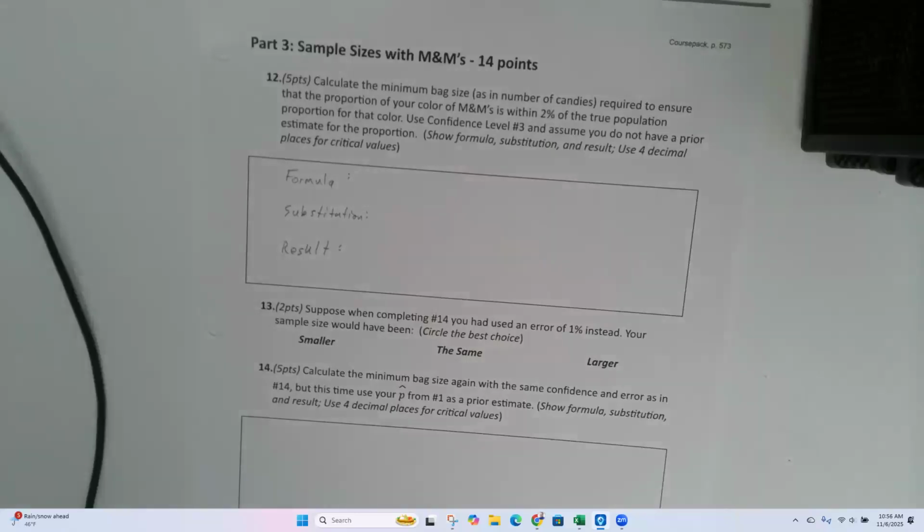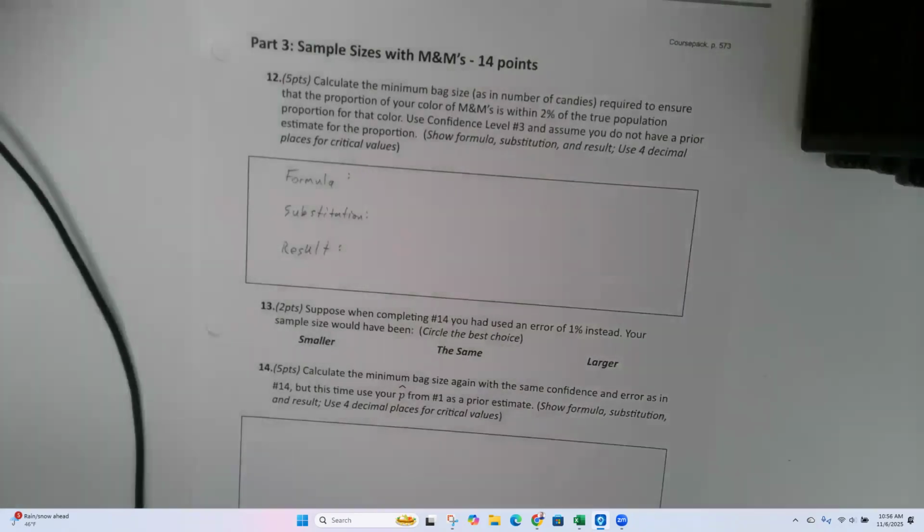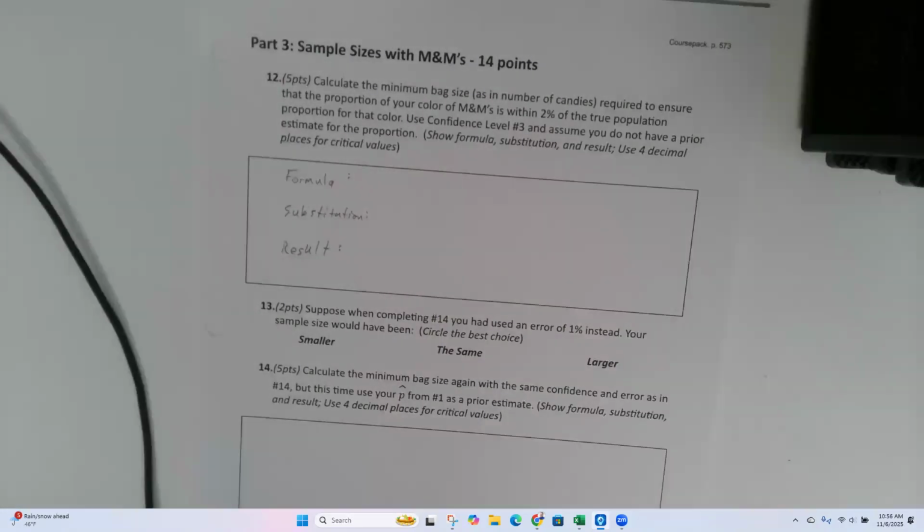I need to do a very large test that's going to take a lot of time and be expensive. Versus if I just show it to like 100 people, that's going to be much easier, but it's going to be much less accurate. So calculating your sample size is an important step.